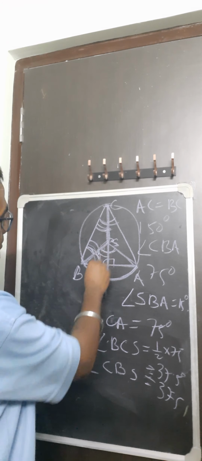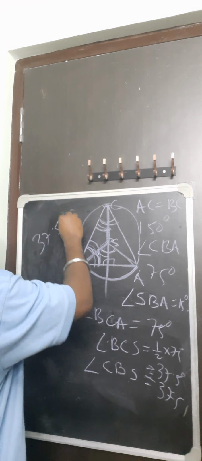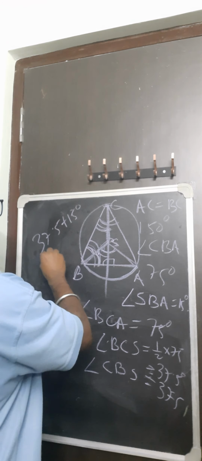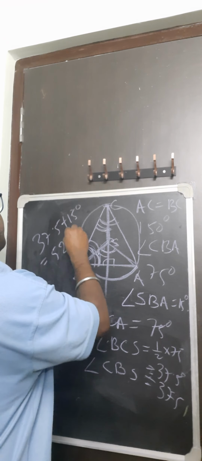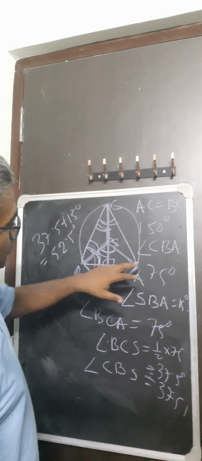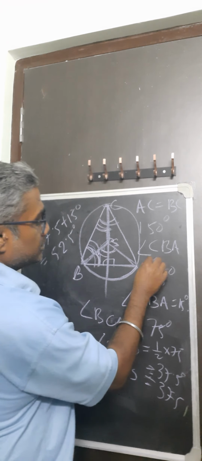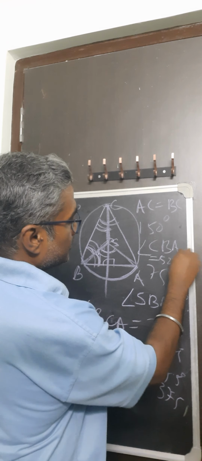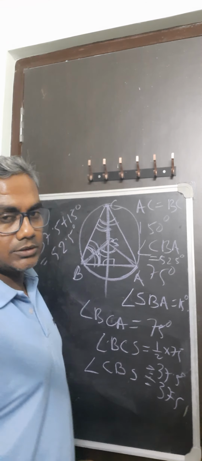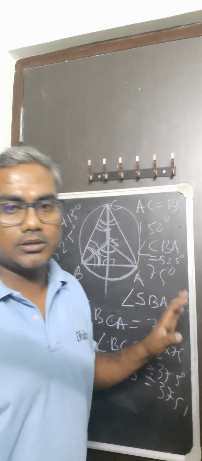So altogether this angle becomes 37.5 plus 15 degrees, that gives you 52.5 degrees. So this CBA angle is nothing but 52.5 degrees. Okay, I think it's pretty clear.